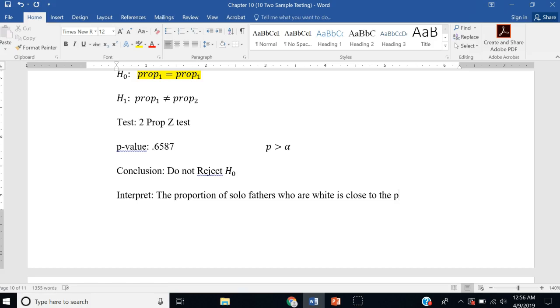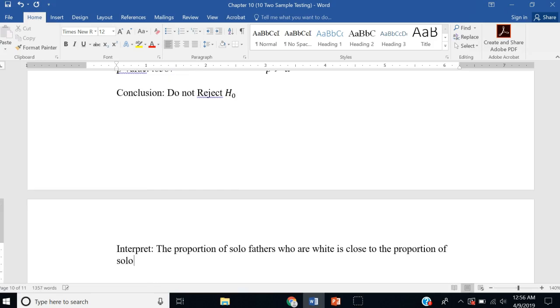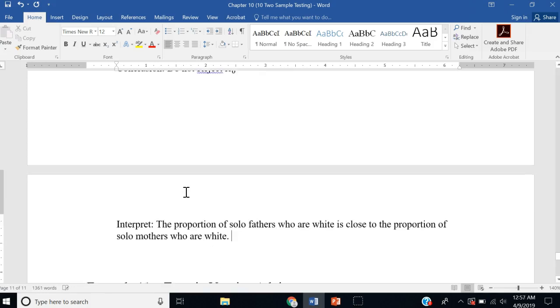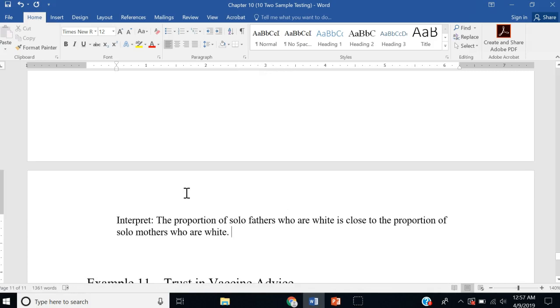I'm writing this as fast as I can. All right, so the proportion of solo fathers who are white is close to the proportion of solo mothers who are white. Okay?